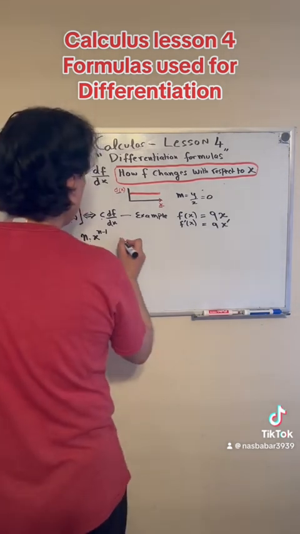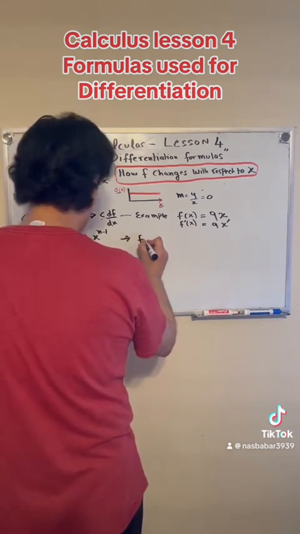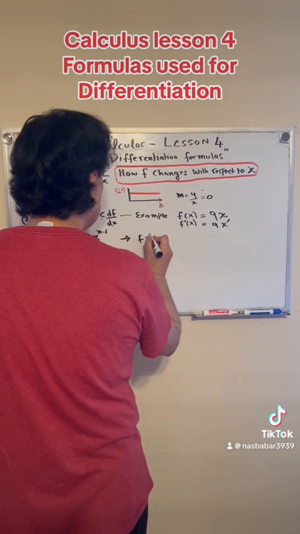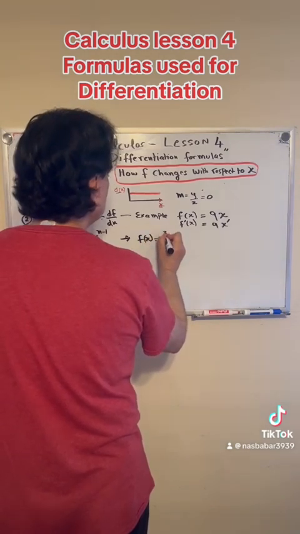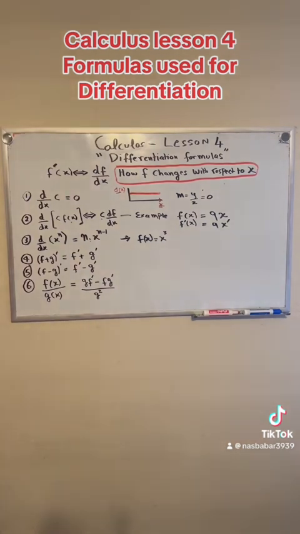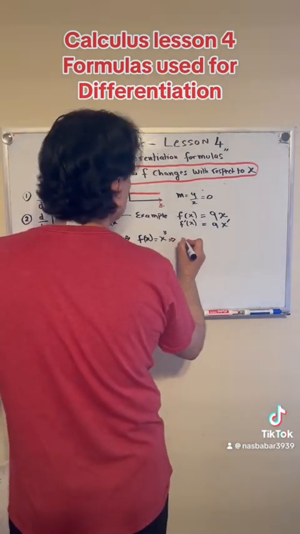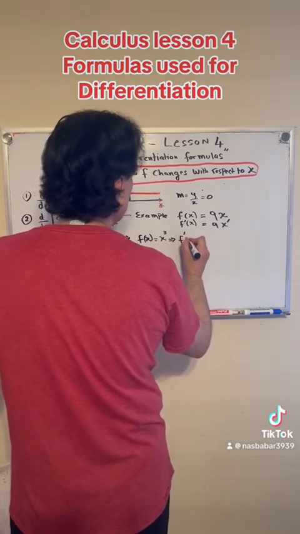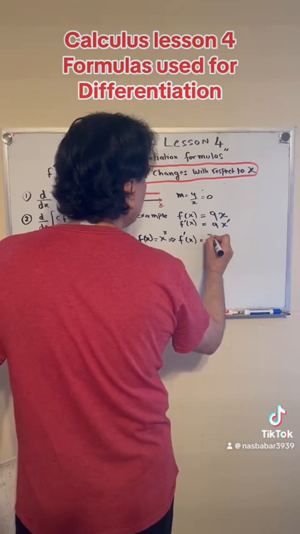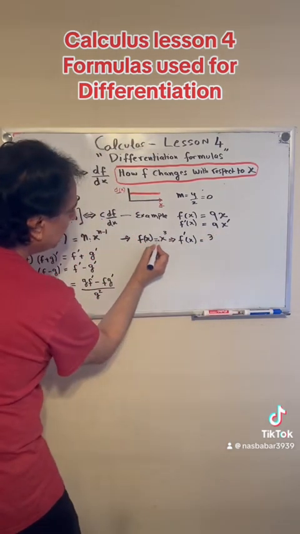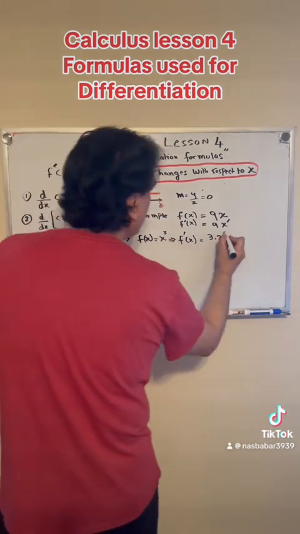Let's say you have f(x) is equal to x cubed. So what would be the f prime, or derivative, of this? f prime of x would be 3, I'm bringing this 3 right here, times x to the power 3 minus 1.